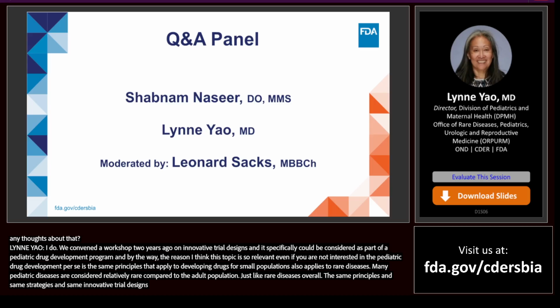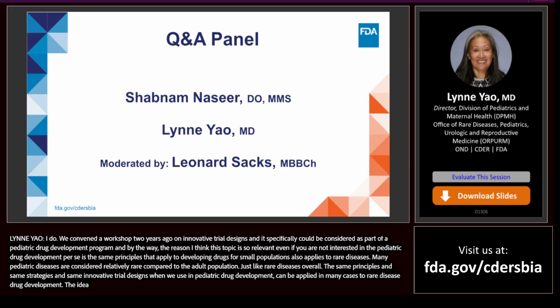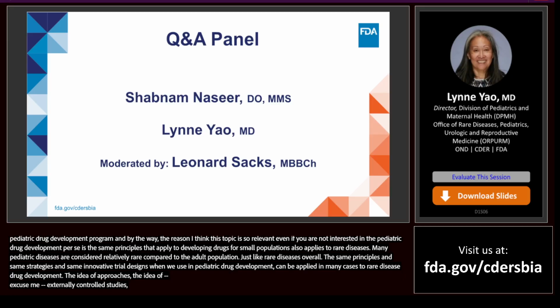So the idea of Bayesian approaches, the idea of externally controlled studies, the idea of N=1 trials, all of these potential strategies, and of course the use of modeling and simulation to help decrease the number of patients that you might need.